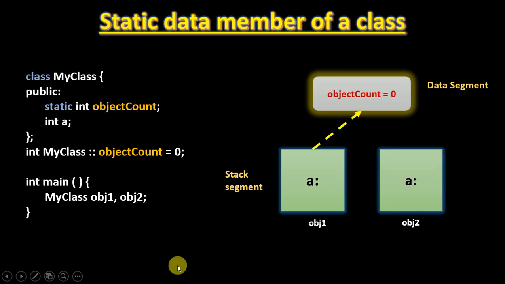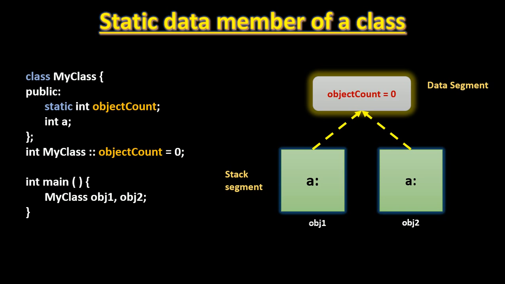After that, I have created obj2, and it also has a variable a, and it is also sharing the same static data member. So like this, you can create n number of objects, and all the objects will share the same copy.